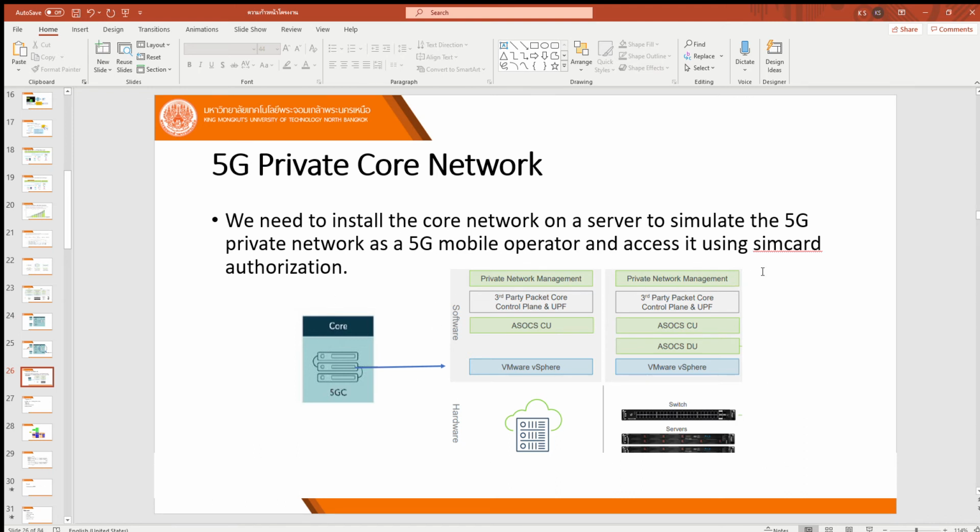And in that case, you need to buy the software, or you need to implement your core network by yourself. So what does the core network do? The core network has to have some kind of SIM card authorization, so that it can allow your device to talk to the network if you have the right authorization. And that will be quite difficult to implement, because it is something about the IT department.